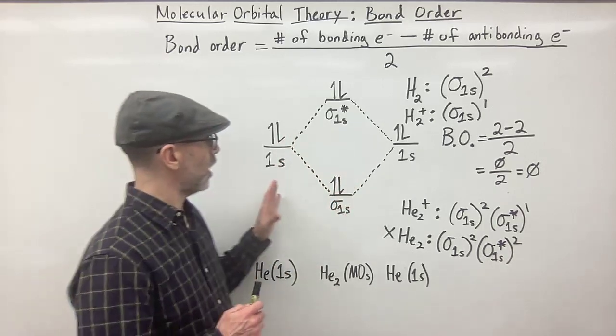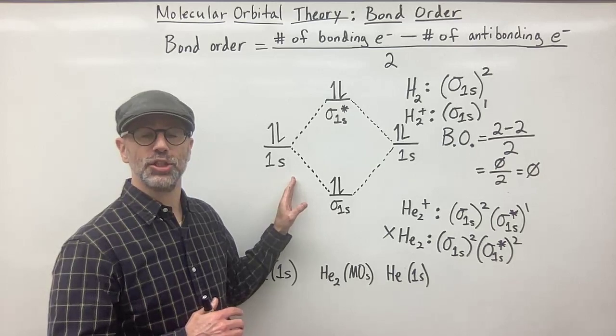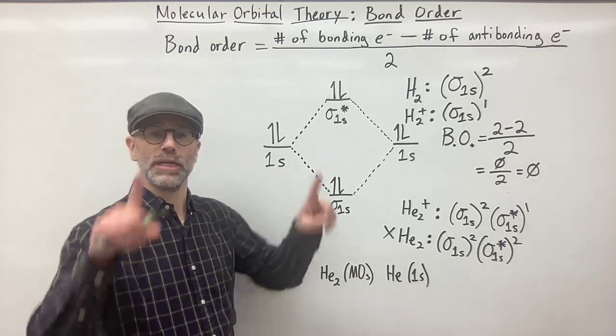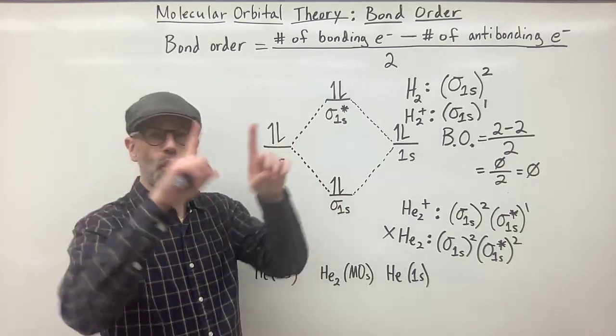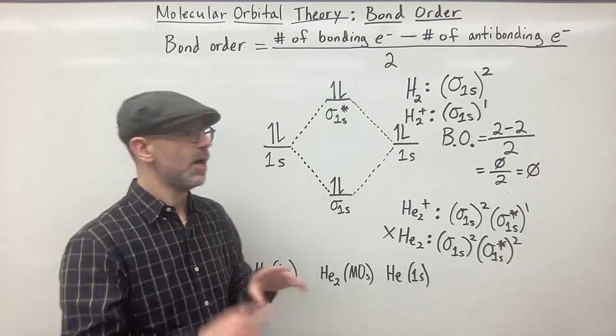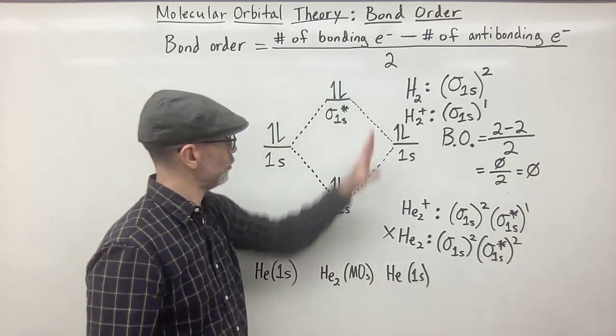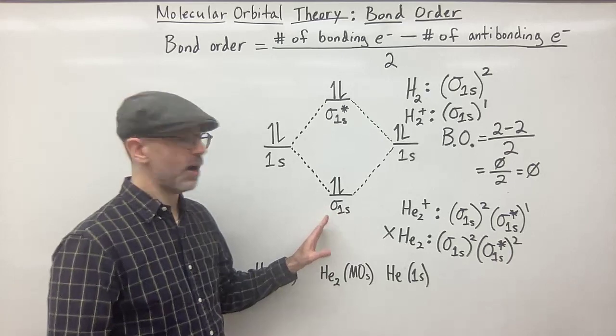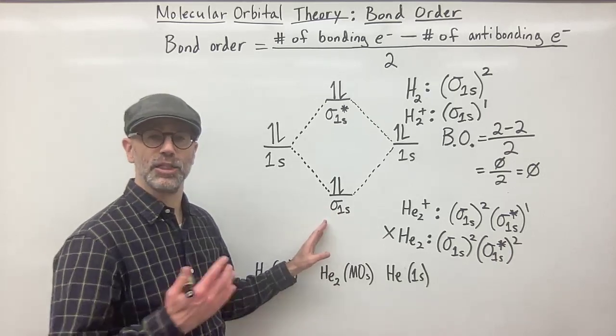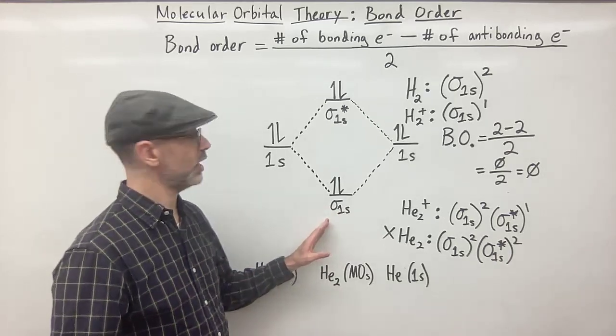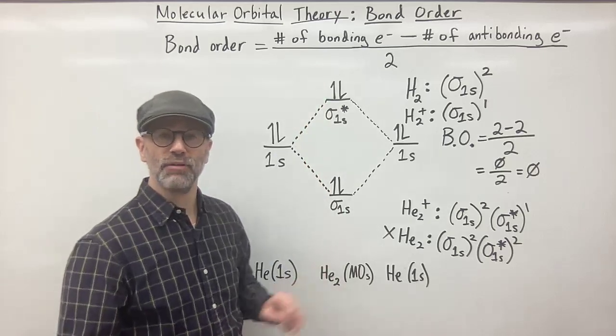Also, in your Lewis dot structures or in your valence bond theory, you're always pairing up single electrons, so you always end up with a pair of electrons. But molecular orbital theory is able to accommodate and explain very easily an odd number of electrons.